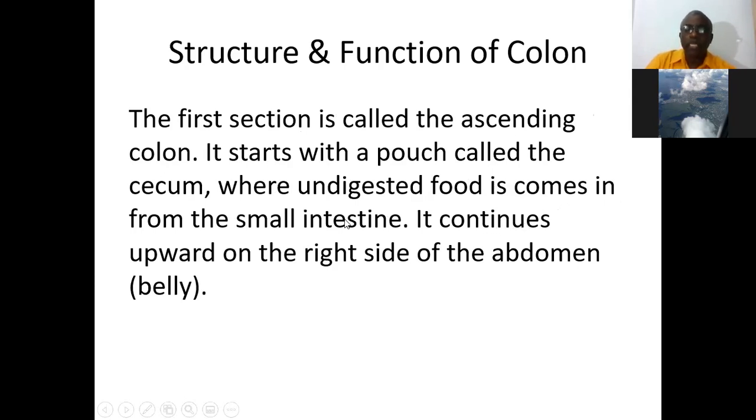It's still in it, and it needs to be more solid to be stored in the rectum. So it continues upward and goes across in the transverse colon, and then it comes to the descending colon.